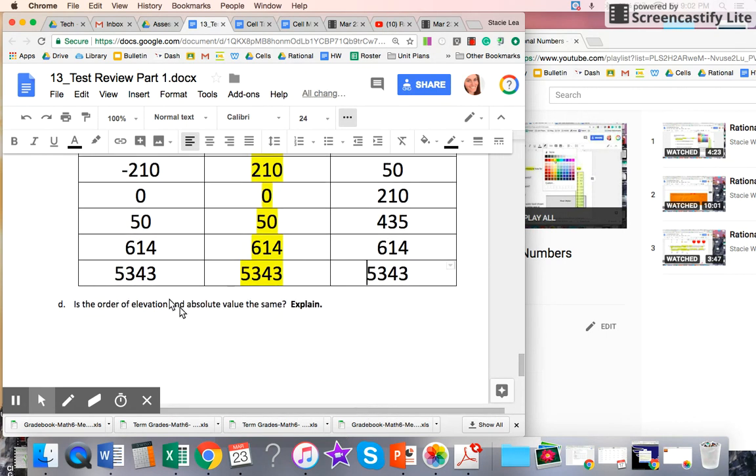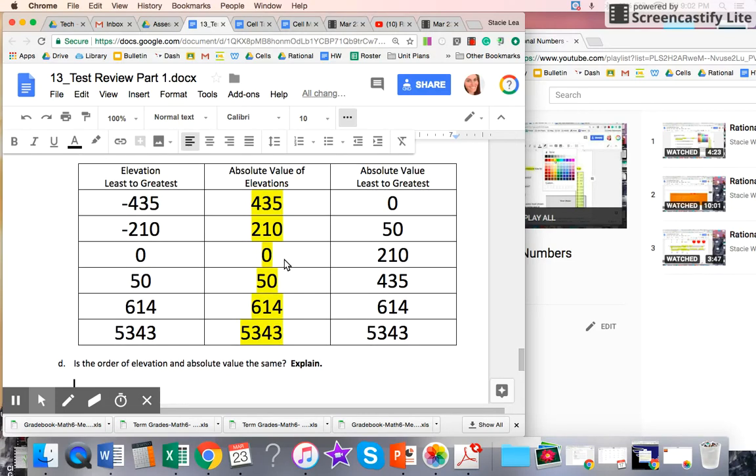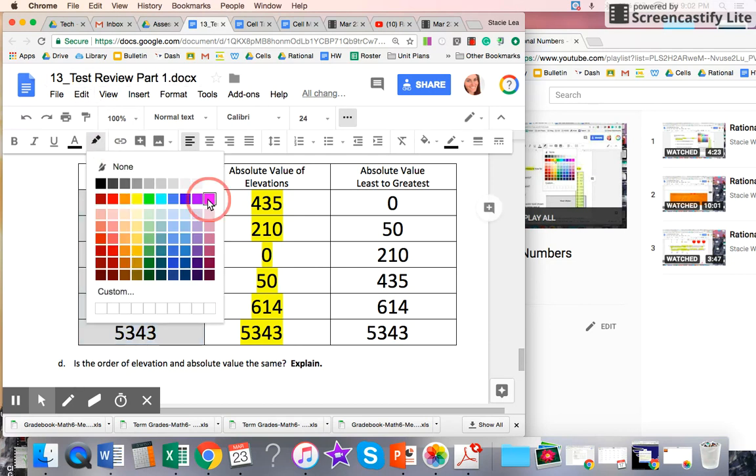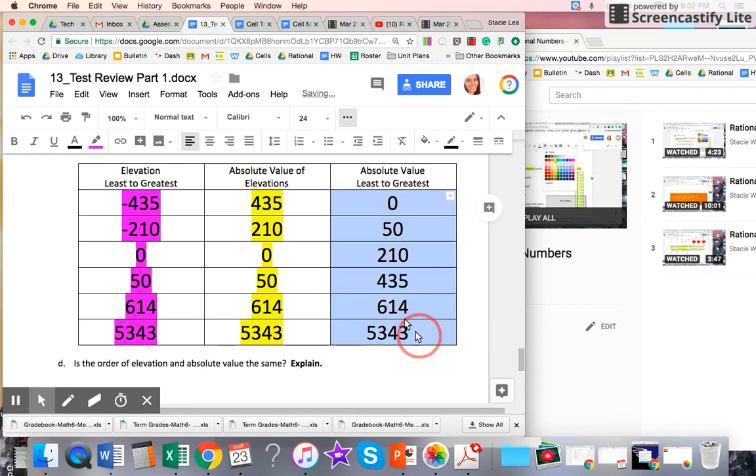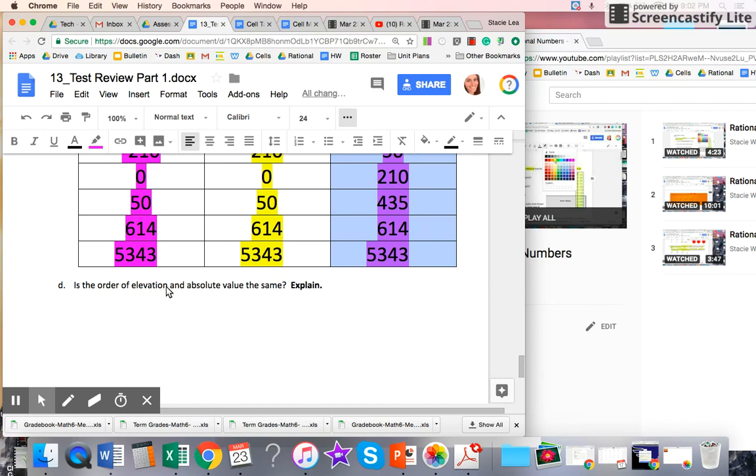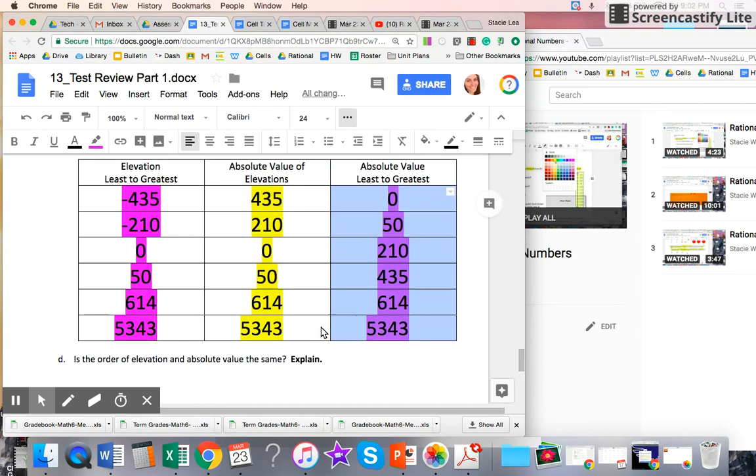Okay. Now, is the order of the elevation and absolute value the same? Okay, the order of elevation. Now, if I would do this in a different color. Okay, is the order of the absolute value and the order of the elevation the same?